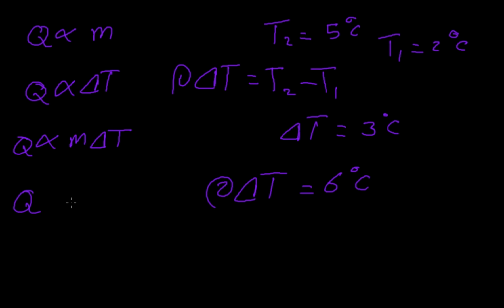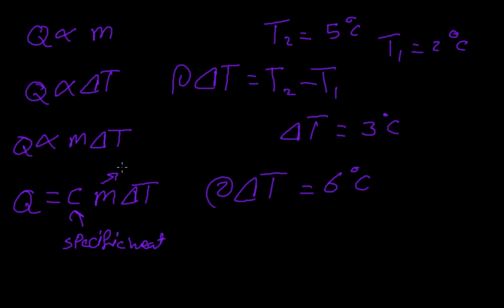So Q equals a constant, and let's say this constant is C, times M delta T. This C, which is a constant, is the specific heat.